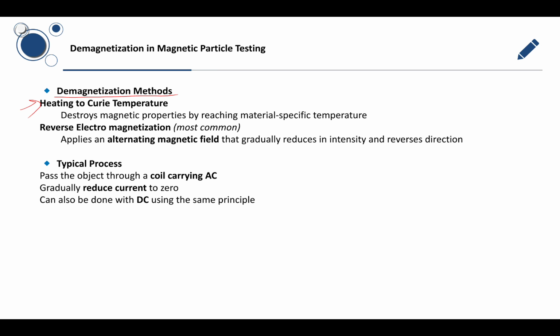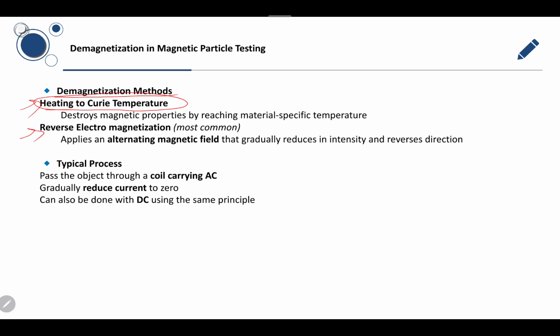At this specific temperature, the material loses its ferromagnetic properties entirely, effectively destroying all residual magnetism. This method is generally used when heat treatment is already part of the manufacturing process, as it involves significant heating. So this is the first method for demagnetization.